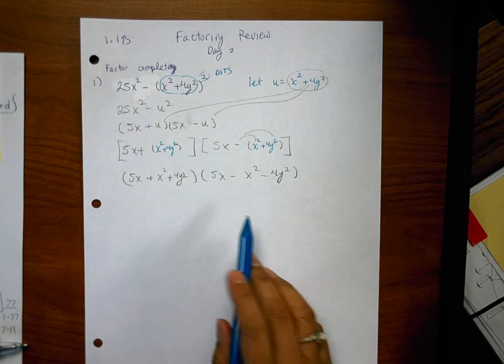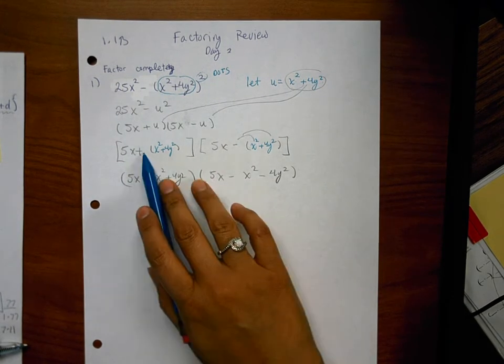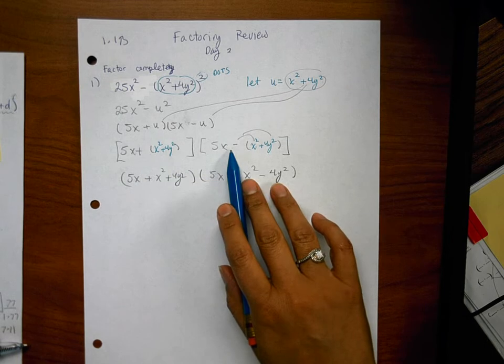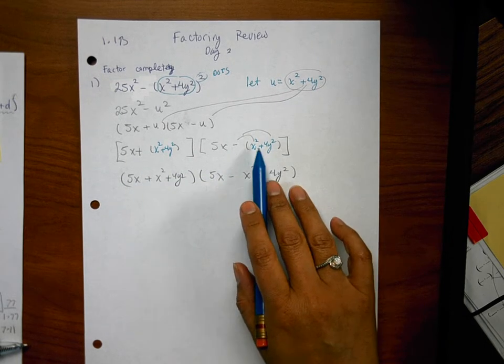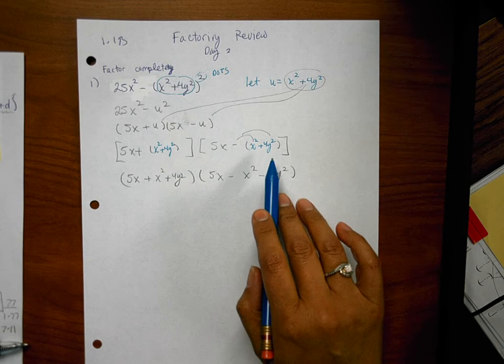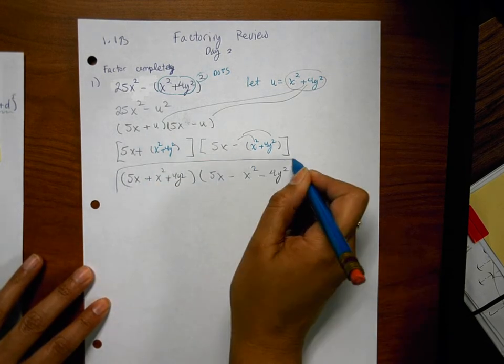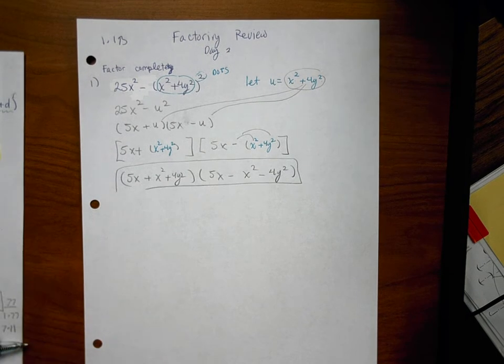A lot of kids sometimes will forget, they won't put parentheses, they'll just say, oh, plus x squared plus 4y squared and minus x squared plus 4y squared. And they neglect to distribute that negative, and they end up with an incorrect answer. So you want to be careful and make sure you do all your steps correctly.